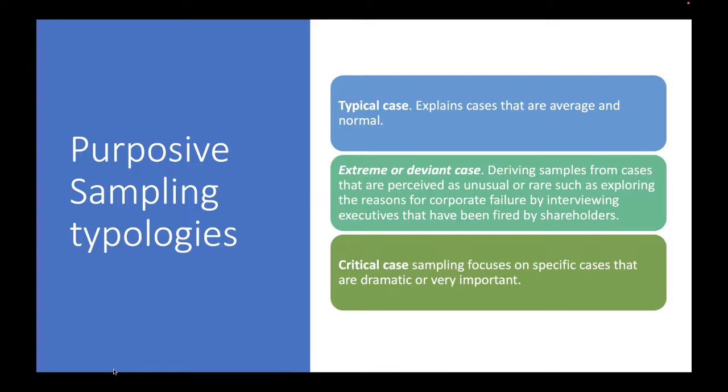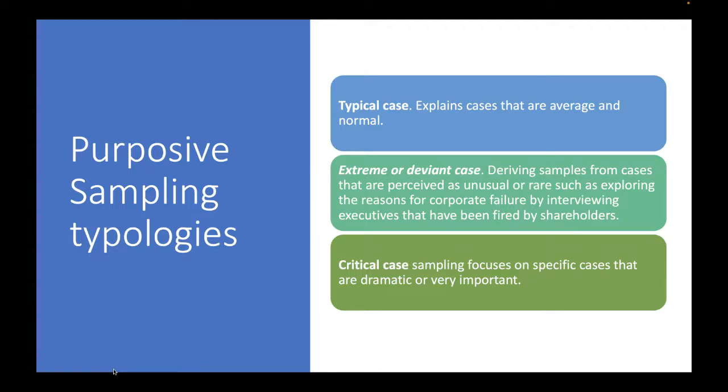So if, say, I was going to be looking at prisoners in a prison, typical case purposive sampling, I would say, look, I want the prisoner who has no trouble, who is quite typical, who's quite average. So I am selecting only the average ones from the average group.